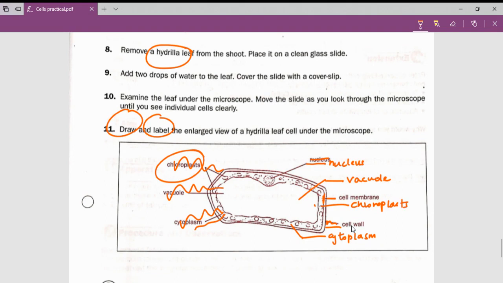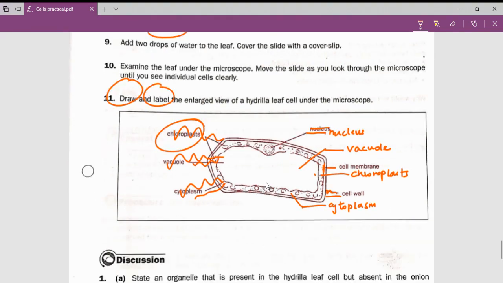The labels are all on one side and they all have straight lines. Please ensure you label accordingly and do not give me slanted lines with labels everywhere surrounding the diagram. Basically the extra feature will be the chloroplast, which is inside the hydrilla plant.